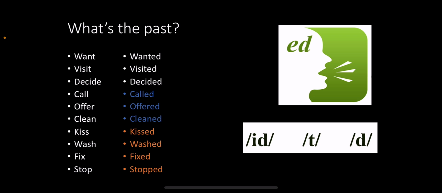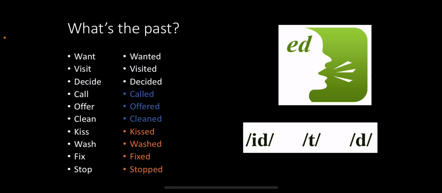So for the first three verbs, we pronounce the ed as id when the last sound of the original verb in the present sounds like t or d. Check the first three verbs in the normal form in present: want, visit, decide.